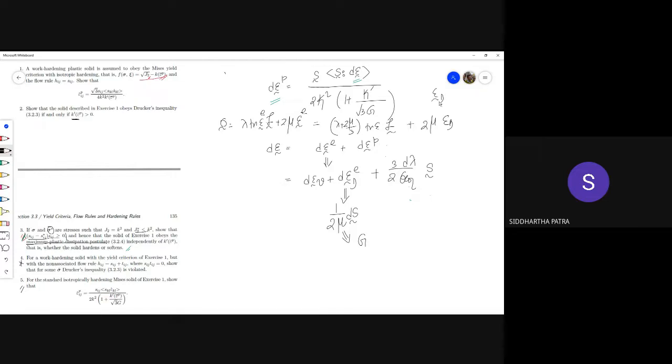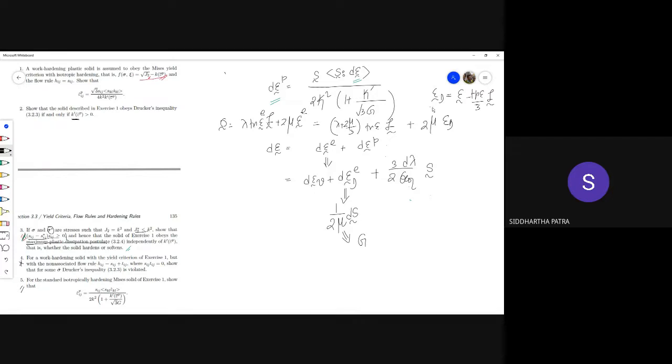Epsilon d is a strain deviator, which is essentially your epsilon minus trace of epsilon divided by 3 times the identity matrix.